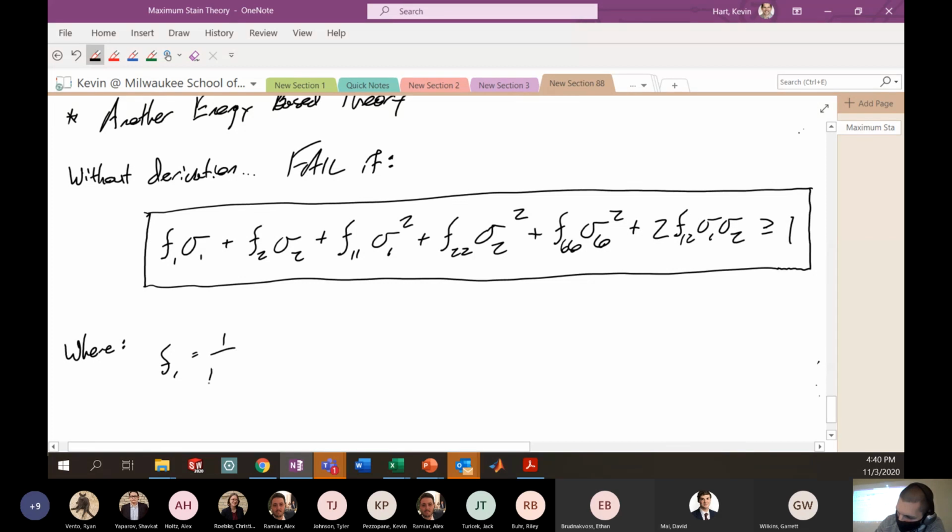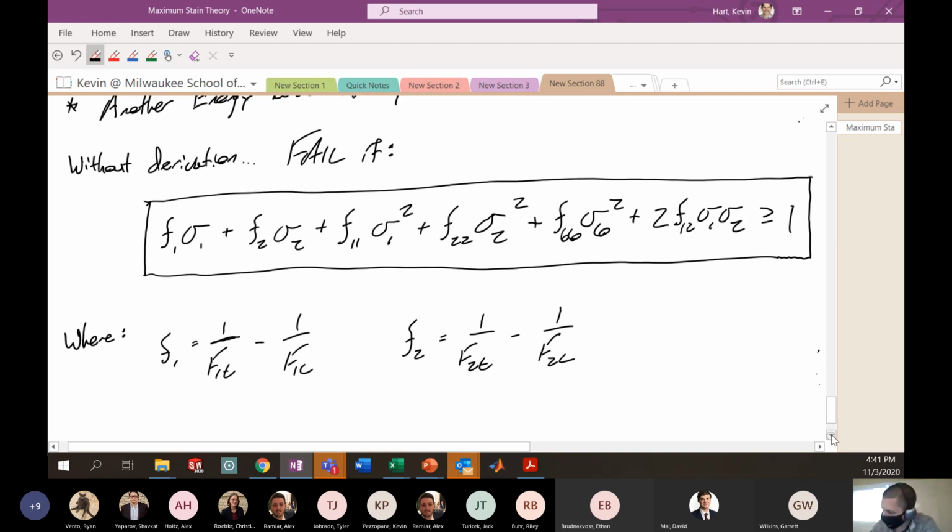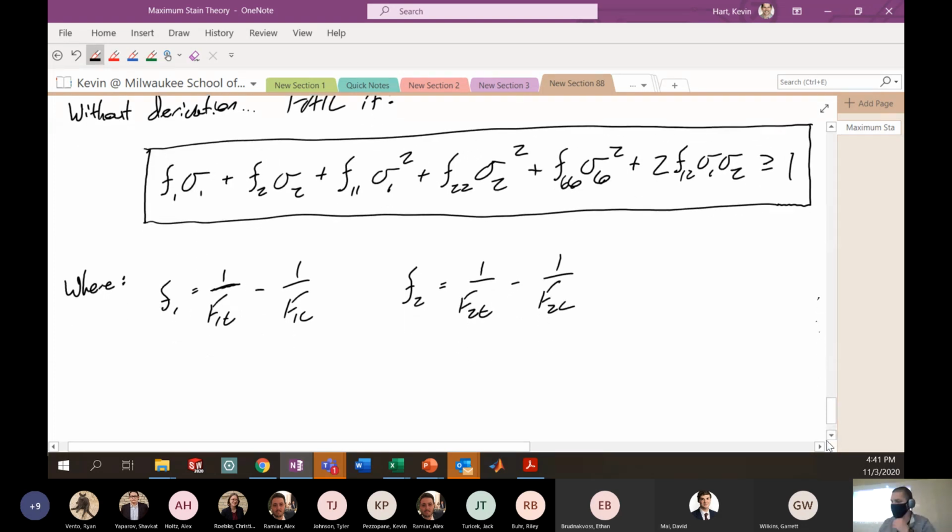Here's F1: 1 on F1T minus 1 on F1C. F2: 1 on F2T minus 1 on F2C. F6 on F6 squared.